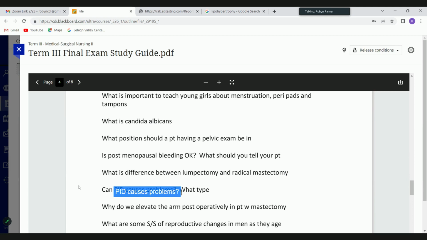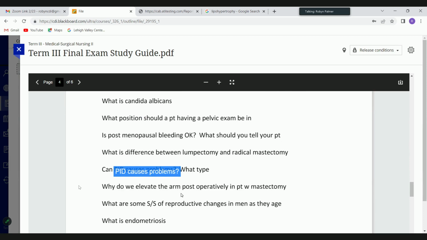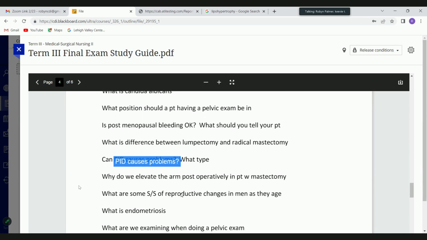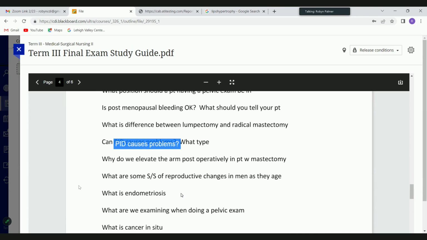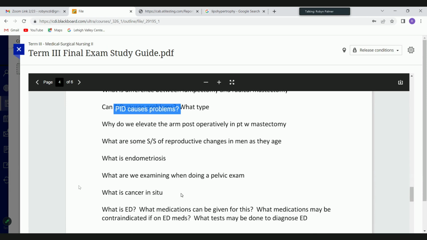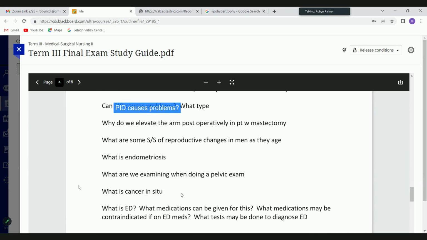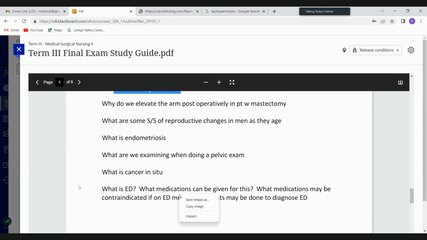Can PID cause problems? Do you even know what PID is? Doesn't it make you sterile? Yeah, it can make you sterile. Let me see the rest of the questions. We might have to do this after class on Monday and after class on Thursday, finish the rest, because these are all things you haven't even studied yet.